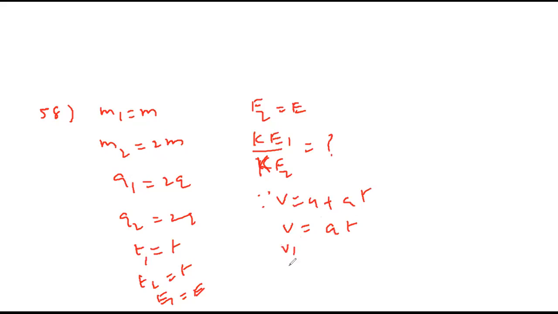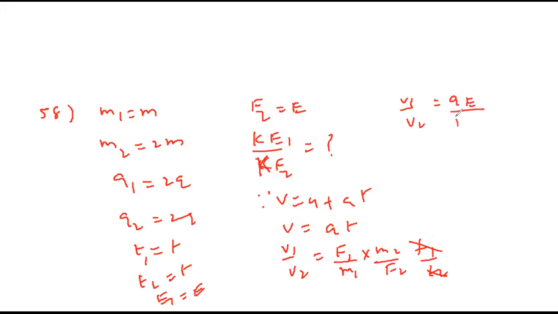So v1 upon v2 is force on first upon mass of first into mass of second upon force on second, and time t1 upon t2, time is same, cancels. Let us see, v1 upon v2: force is qE on the first, upon mass m1, m2 upon force.